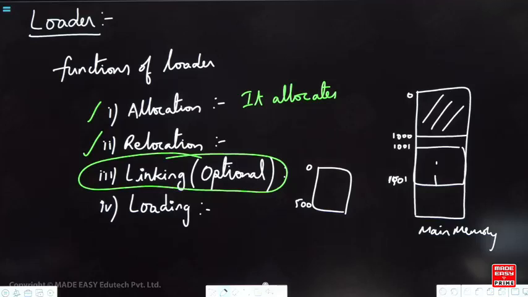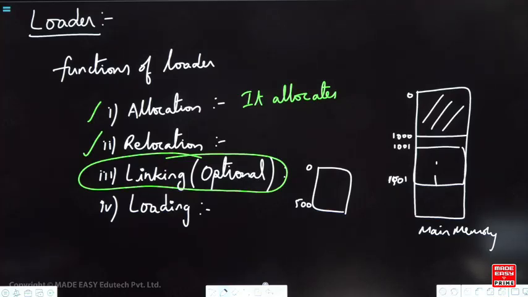I repeat, guys, there are some address dependent locations in the program. Such address constants must be adjusted according to the allocated space. This is done by loader.